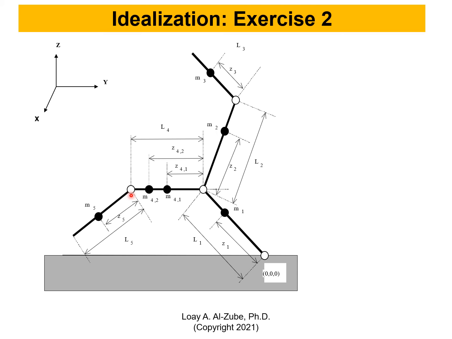Now, one of the important aspects of it: how would I know where mass number 3 is? If I didn't show you this structure, there should be a way for us to identify where mass 3 is and on what segment, and it's connected to which other segments. And do we have other masses on that segment? And that is the relation matrix.